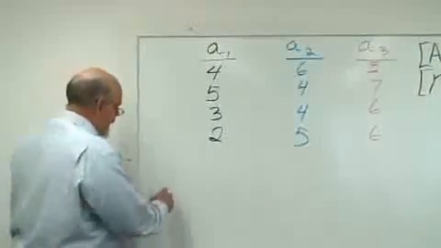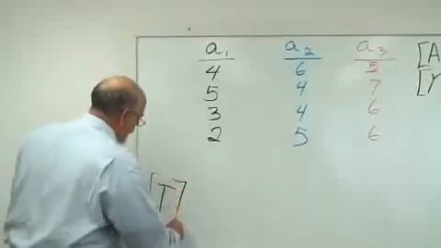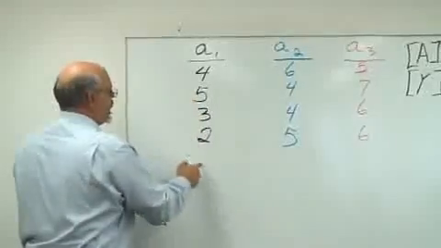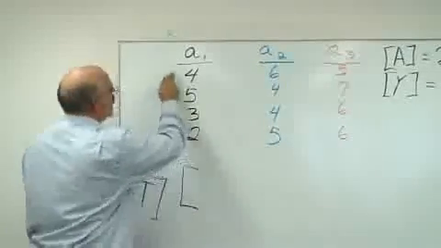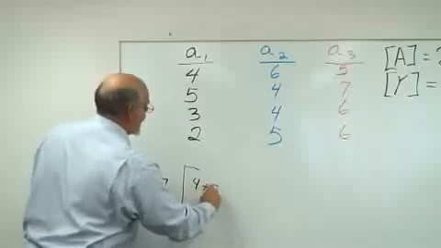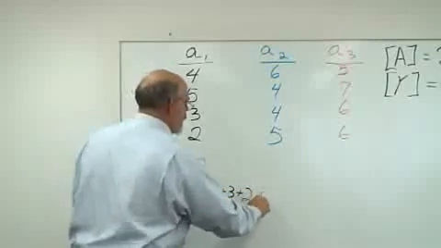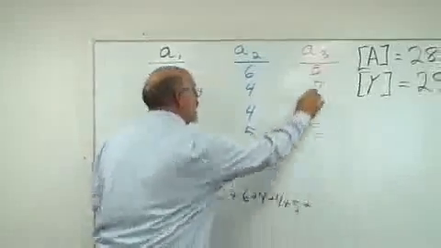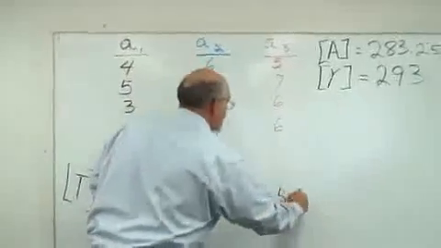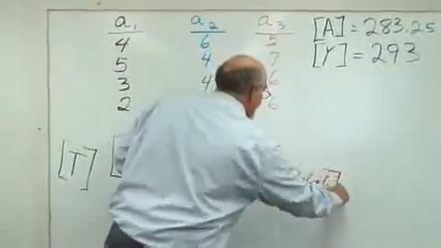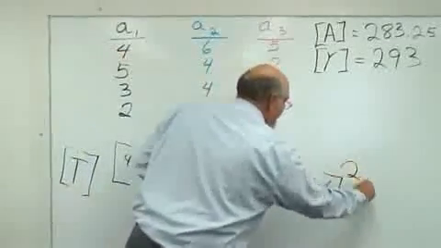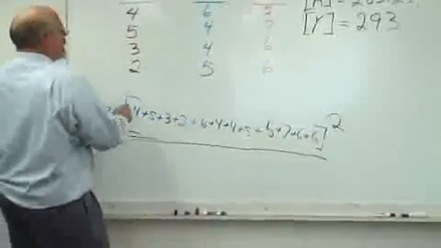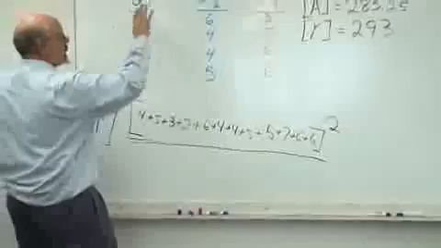Okay, now you need to find the T bracket term. To find the T bracket term, you add up each and every individual. 4 plus 5 plus 3 plus 2. All of these guys. 6 plus 4 plus 4 plus 5. All of these guys. 5 plus 7 plus 6 plus 6. Close bracket. Square that. Divide this sum by the total number of individuals in all groups.